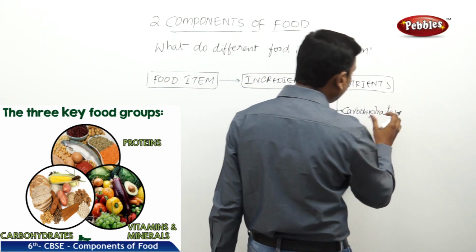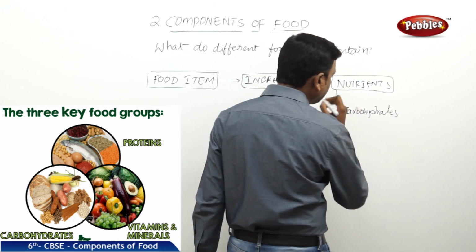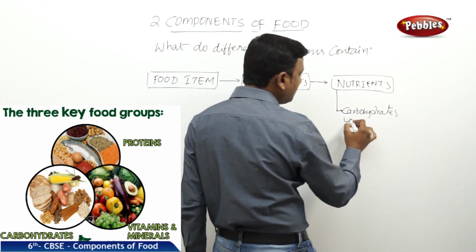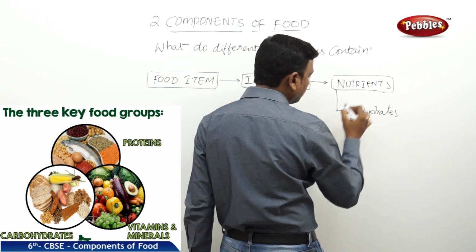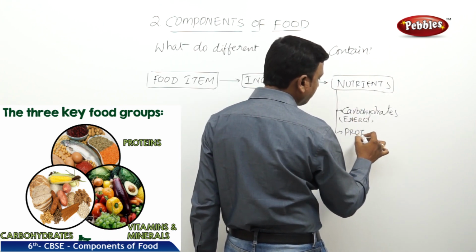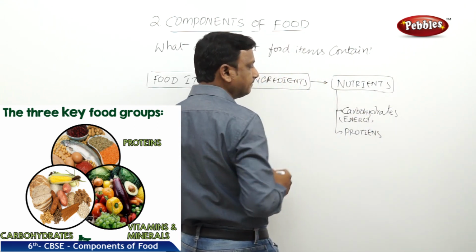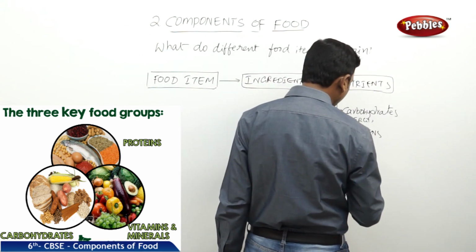We are categorizing all the sugars and starches into the carbohydrates category, and basically we get energy from these nutrients. The second one is proteins. Proteins is the second category. Proteins are a kind of nutrients. We will see their uses in the coming topic.